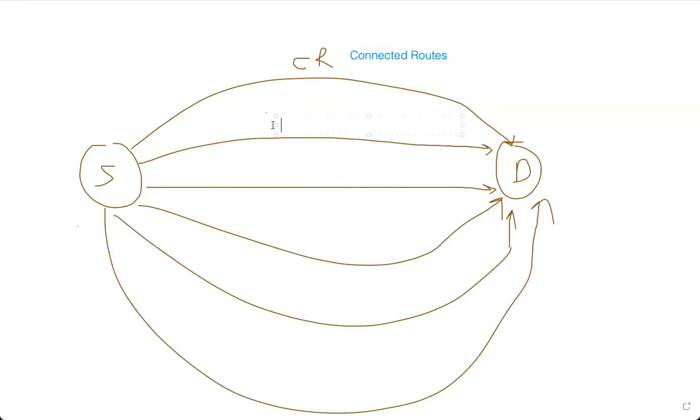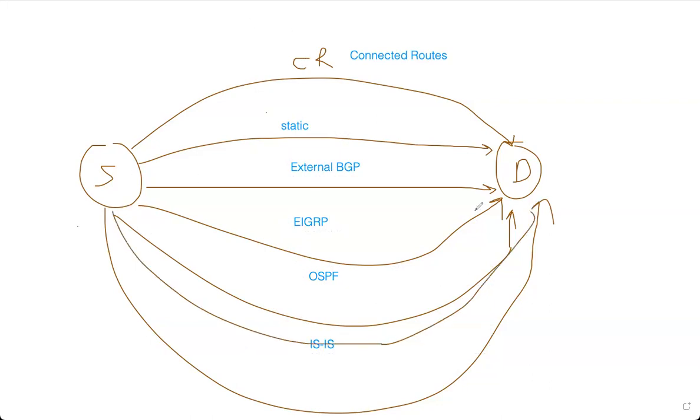Next is static. Next is external BGP. Next is EIGRP. Next is OSPF. Next is IS-IS. Next is RIP.